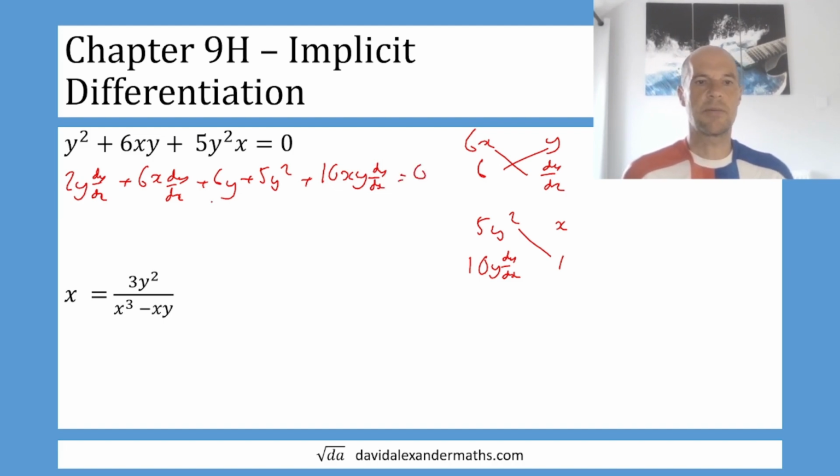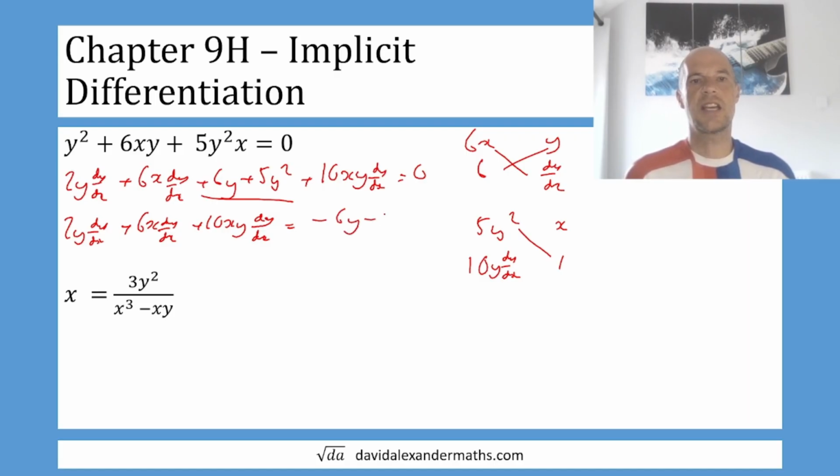So what I'm going to do is subtract the 6y and the 5y squared from both sides. So 2y dy by dx plus 6x dy by dx plus 10xy dy by dx equals negative 6y, take away 5y squared. And if I factor out the dy by dx, I'll have in a bracket 2y plus 6x plus 10xy.